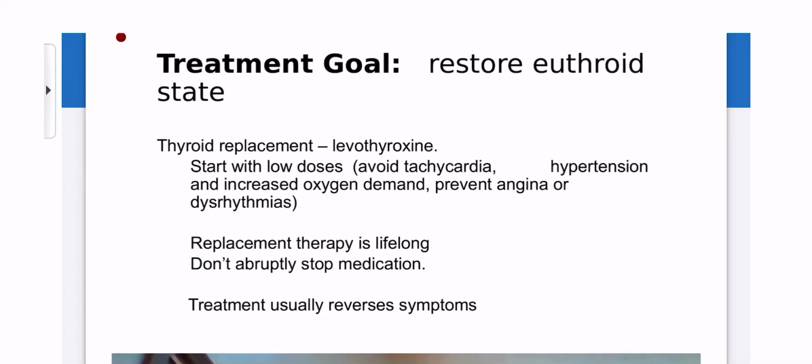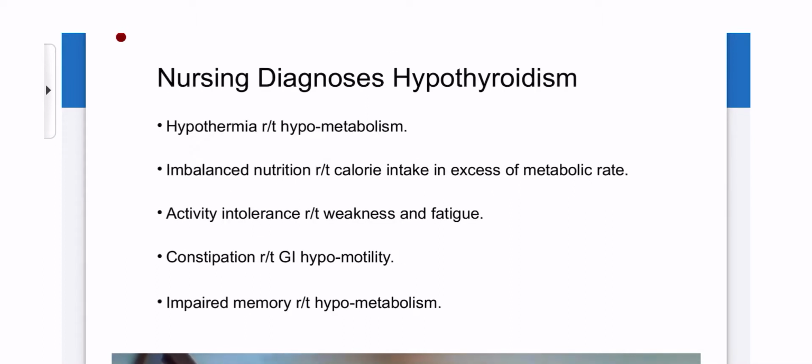And then the teaching for the patient that's so important is, when they start to feel better, they cannot stop taking that levothyroxine. This is going to be a lifelong problem. And they will need follow-up and they will need replacement. But usually if we can get it right, they come back to a euthyroid state.